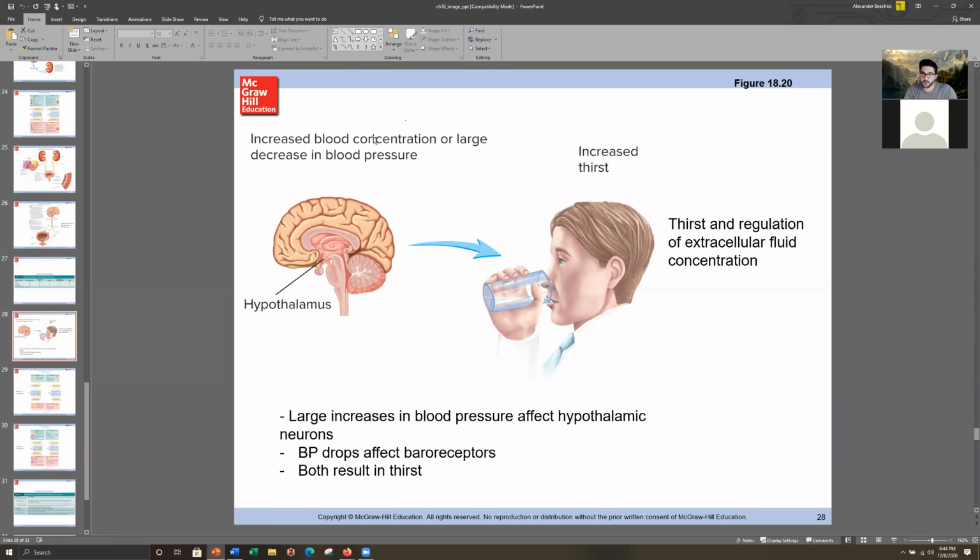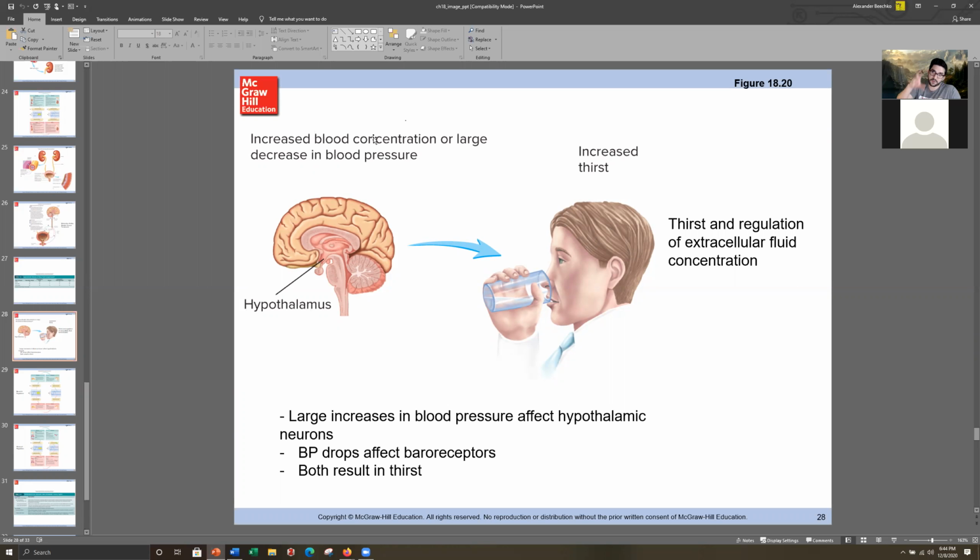And so one of the ways that our body knows that we can dilute that is if we introduce a dilute solvent like water into our bloodstream. That helps bring down the concentration of whatever solutes we have in our blood, as well as fights the drop in blood pressure that we're likely experiencing at the same time. So again, through chemoreceptors and baroreceptors, we're able to send out a signal and tell us to drink water to help compensate for these things.